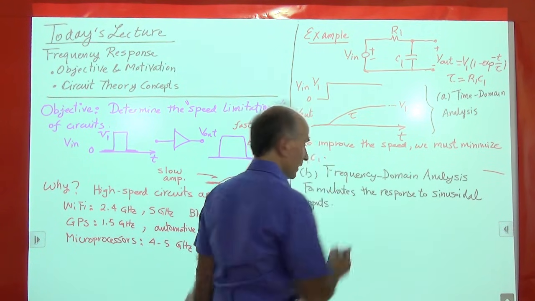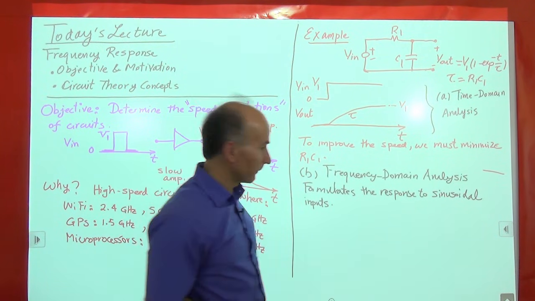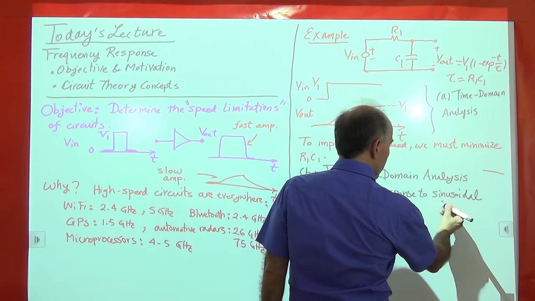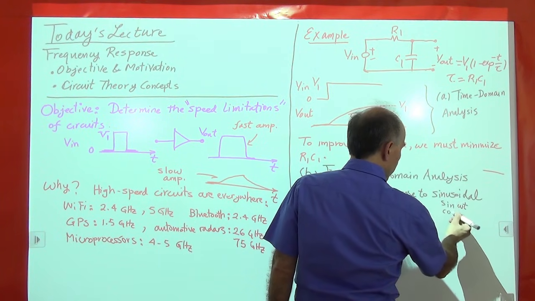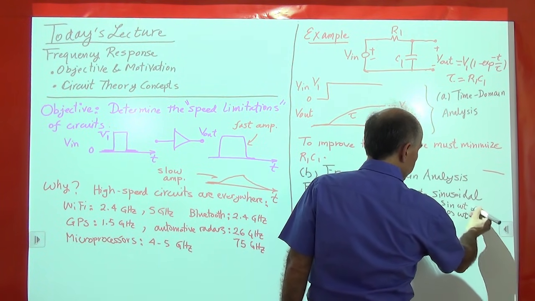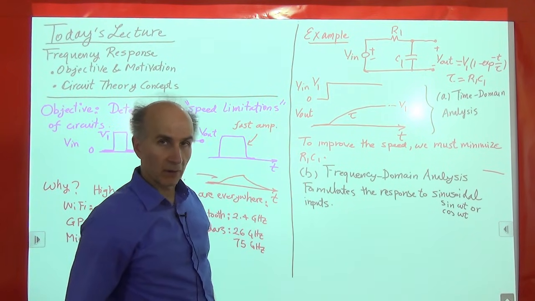Sinusoidal means sine of omega t or cosine of omega t, right? That sort of thing. Okay, so these would be something of this nature, sine of omega t or cosine of omega t. Omega is the frequency of the signal.